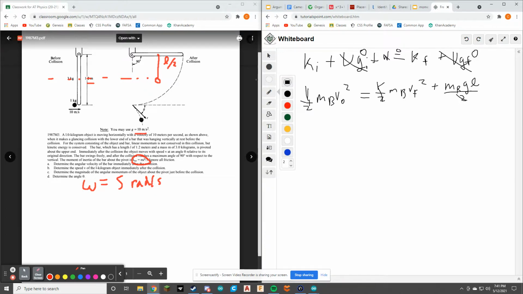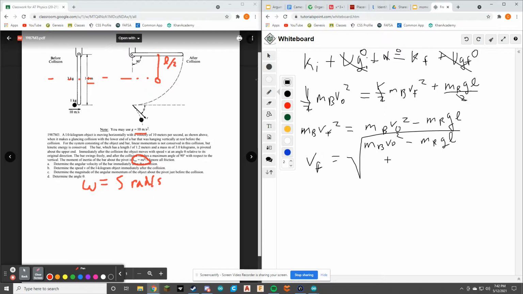The 1/2s everywhere cancel. Then we isolate our final velocity: m_b v final squared equals m_b v naught squared minus the mass of the rod times gL. Then we divide everything by the mass of the ball and square root both sides. The velocity of the ball right after the collision is the square root of the mass of the ball times the initial velocity squared minus the mass of the rod times gL, all divided by the mass of the ball.